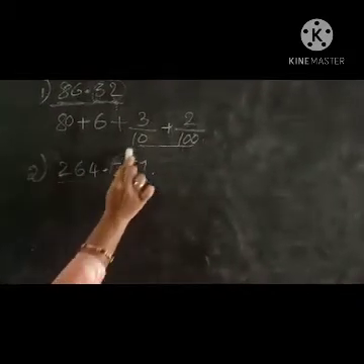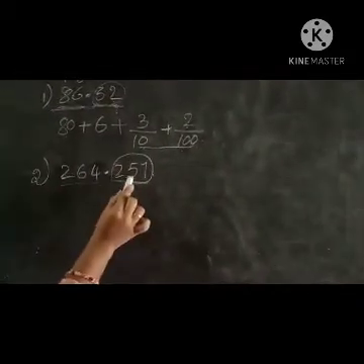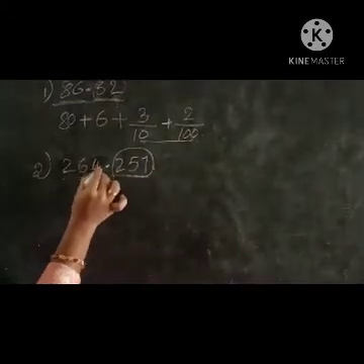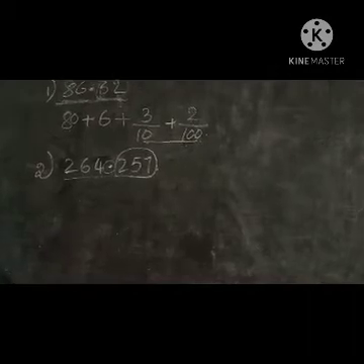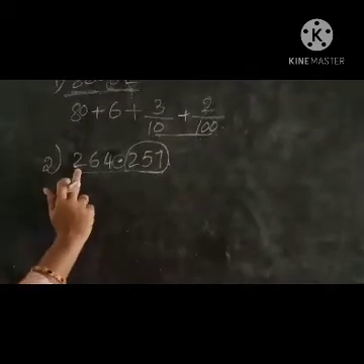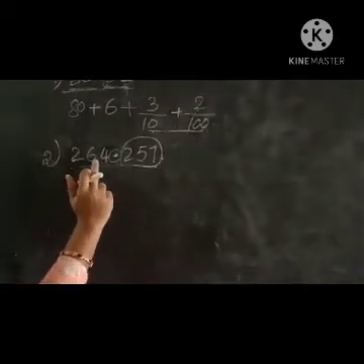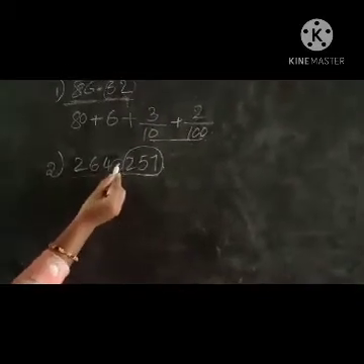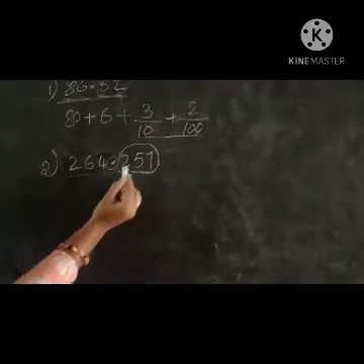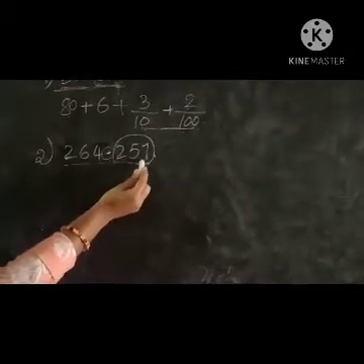Very good. This is the decimal part. 257 is the decimal part. This is the decimal point. Next 264 is which one? Whole number part. 264 is a whole number part. Here decimal is there. No, this is the decimal point. Next 257 is the decimal part.